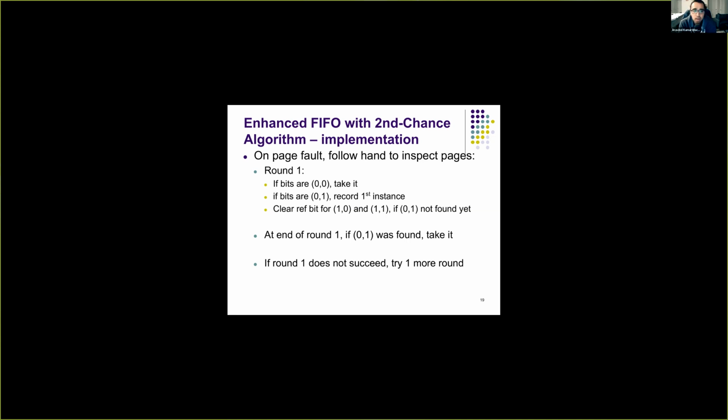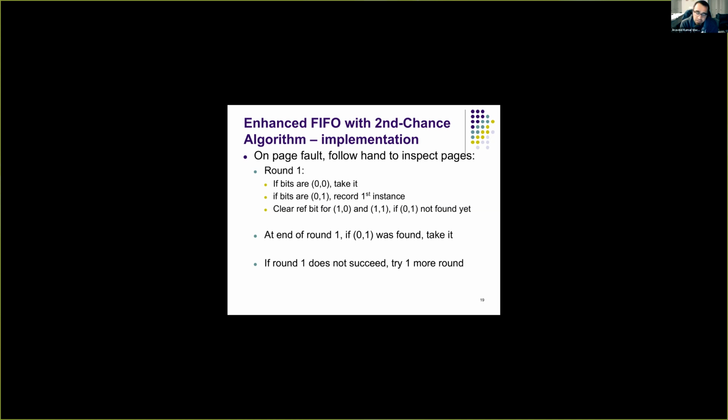At the end of round 1, if a page which has 0 1 was found, we just take it because that is the page that has slightly higher cost in replacing. However, we are relatively sure that it will not be used later by a process.